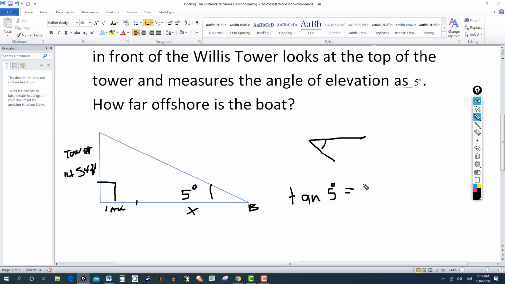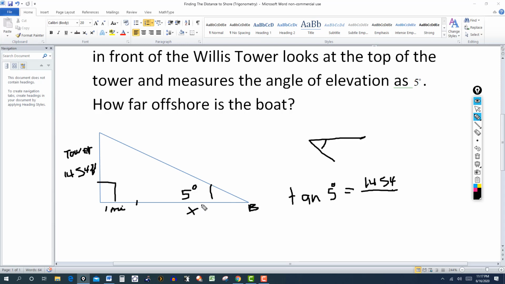So this will be 1,454, over this side right here. So this distance right here, which is 1 mile, and this x distance right here, the other one.